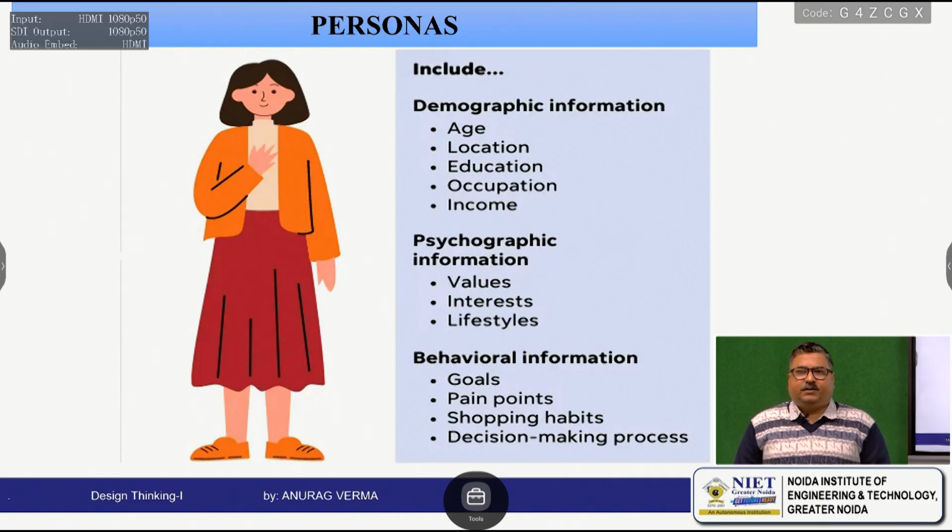To better understand our customer, we also need psychographic information like values, interests, lifestyle, etc. And we also need to find out the behavioral information of the customer, including the goals of the customer, the pain points of the customer with the product, and the delightful events with the product, the shopping habits of our customer, and the decision-making process of the customer, how the customer decides to do the shopping.